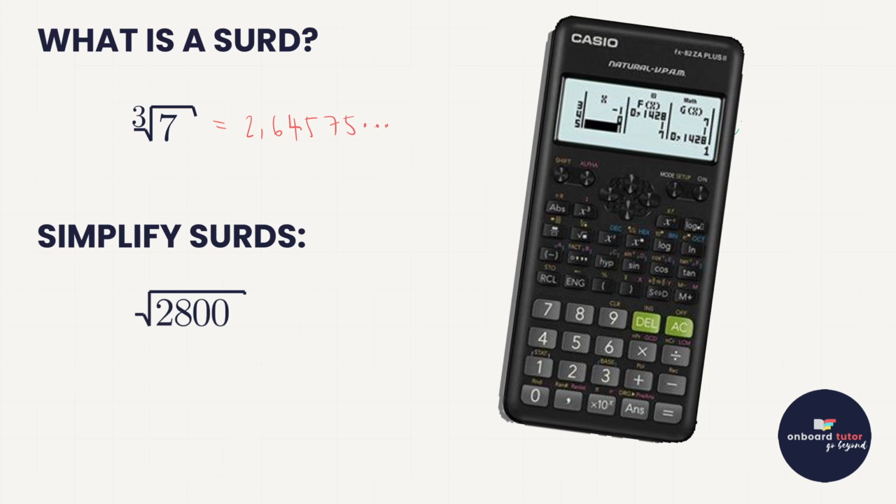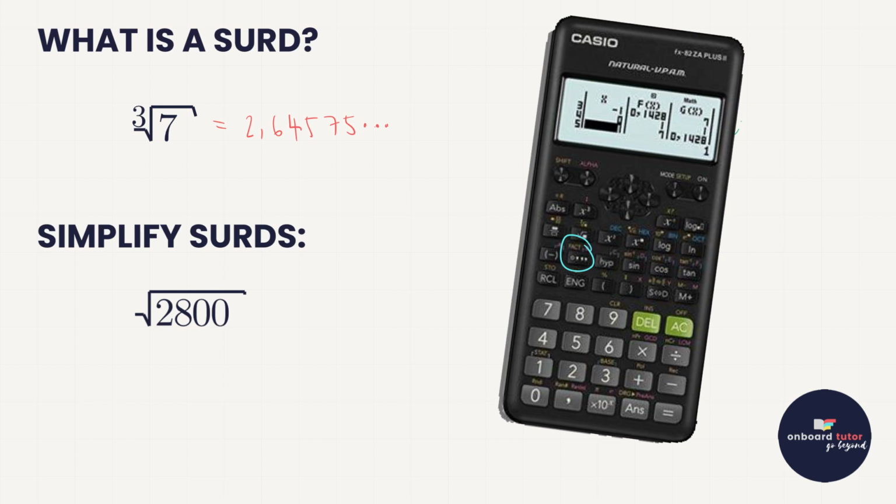So what we can do now is we can take the 2,800 and we can type it onto our calculators, 2800. We can then press the equal sign, and from there we can hit the shift and this fact button over here. That will write this number as prime factors.